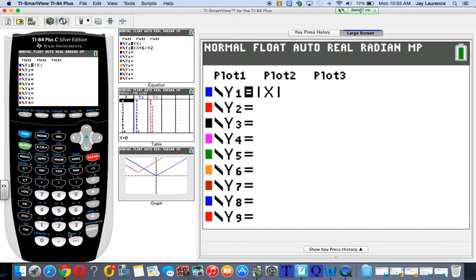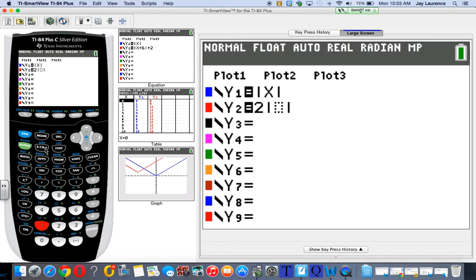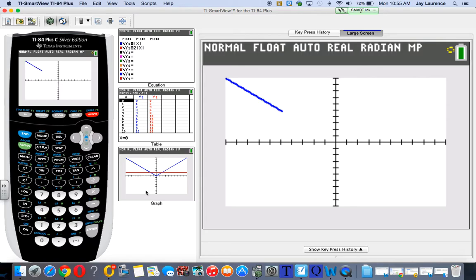Okay, and now I want 2 times the absolute value of x. There we go. Got the equation I wanted. And I'm going to hit graph. Here comes the original. Now, the vertex should be in the same position, I think.